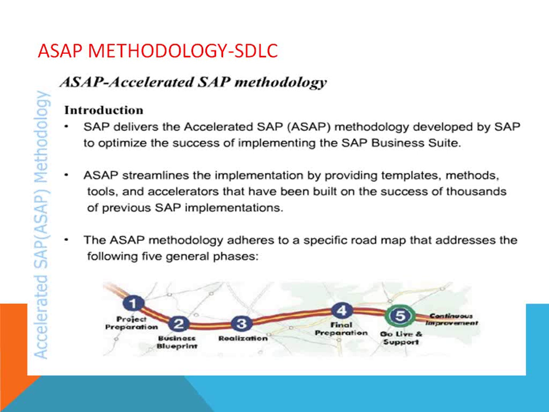This is the first phase of the project. The project has been prepared, resources have been allocated, and then comes the business blueprint. These are the resources from the business side, and these are the resources from the implementer side, our implementation team. Then they decide who will be project manager, who will be in the PMO office, who will take care of ERP financials, the lead managers, and all the top solution architect level people.